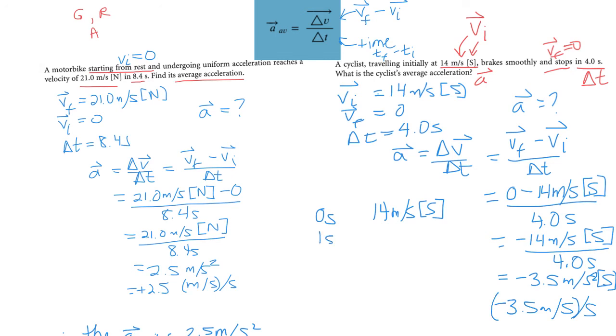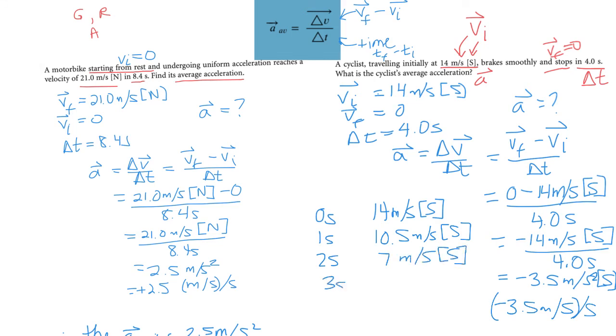So if I go to 1 second, it's going to be 10.5 meters per second south. And then at 2 seconds, I'm going to take away another 3.5, so that's going to get me to 7 meters per second south.